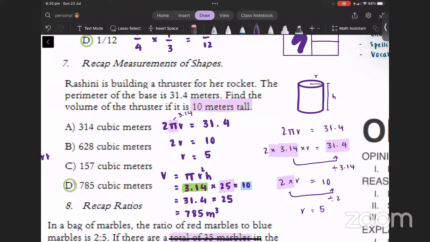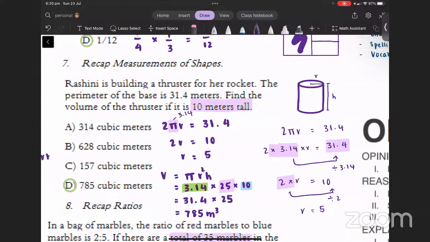So what we're going to do first is 3.14 times 10, which gives you 31.4, and then 31.4 times 25 gives you 785 meters cubed. And if you didn't want to do the actual maths of 31.4 times 25, what you can do is round the 31.4 to the nearest 10, which is 30, and then do 30 times 25, which would give you 750.